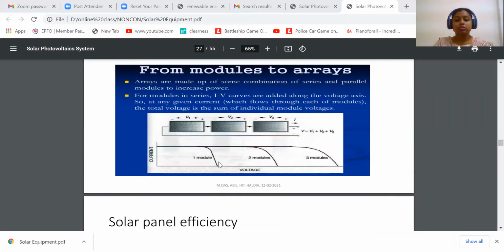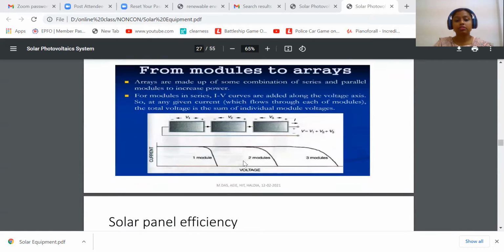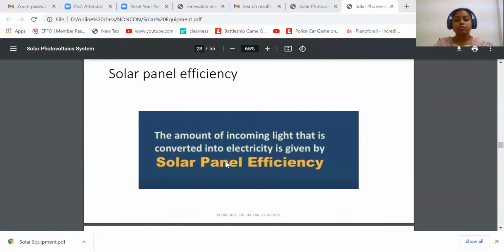If the modules are connected like this, it is a series connection. In the series connection, the voltage increases and the current remains the same. However, in the parallel connection, the current increases and the voltage remains the same. Regarding solar panel efficiency, this efficiency is very low. It is 15% to 20%, and recent advanced research has achieved more than 20%.